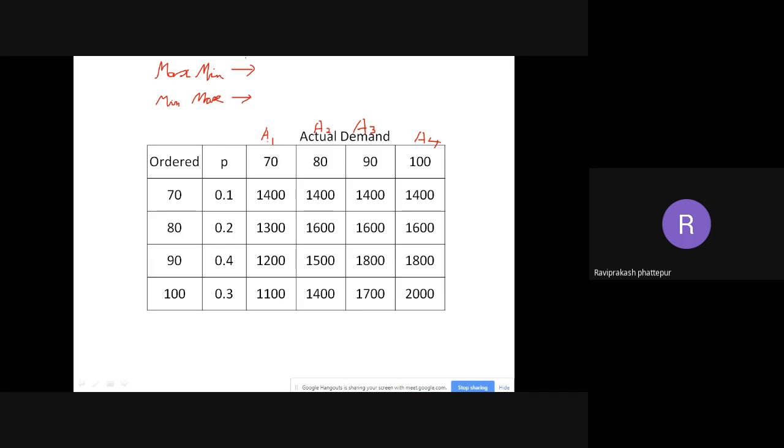As the name says, max min: first go with the minimum, then out of the minimum values, choose the maximum value. So for each alternative, what is the minimum here? It is 110. Here it is 114, here it is 114 again, here also it is 114. So which one do I have to go with? Tell me, students, what do we need to do?